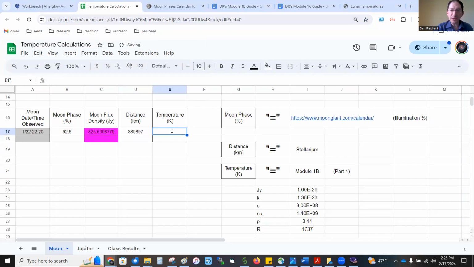So doing it in the spreadsheet, it's equal to the measured flux in Janskys times our conversion.